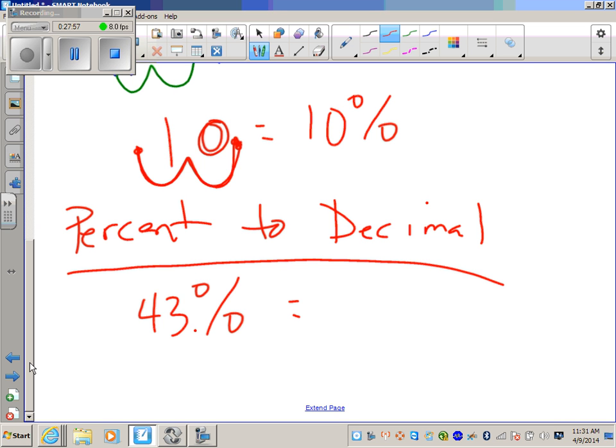So listen, if for decimal to percent I went 2 places to the right, then percent to decimal, I'm going to go 2 places to the left.